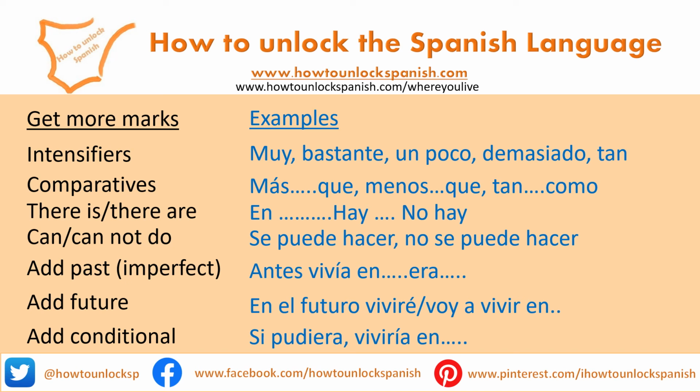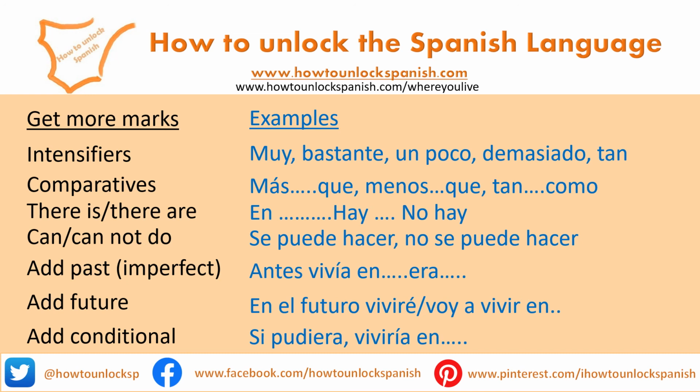Please also try to use the past tense, and it's easy if you just describe how another place you used to live in look like. So you could say, antes vivía en Madrid y Madrid era muy moderno, pero también antiguo. Before I used to live in Madrid and Madrid was very modern but also old.